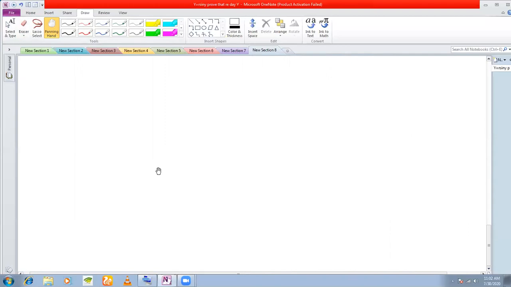Next one is, let me do this. This looks tough, but actually it is not tough. Given root y by x plus root x by y is equal to 6.